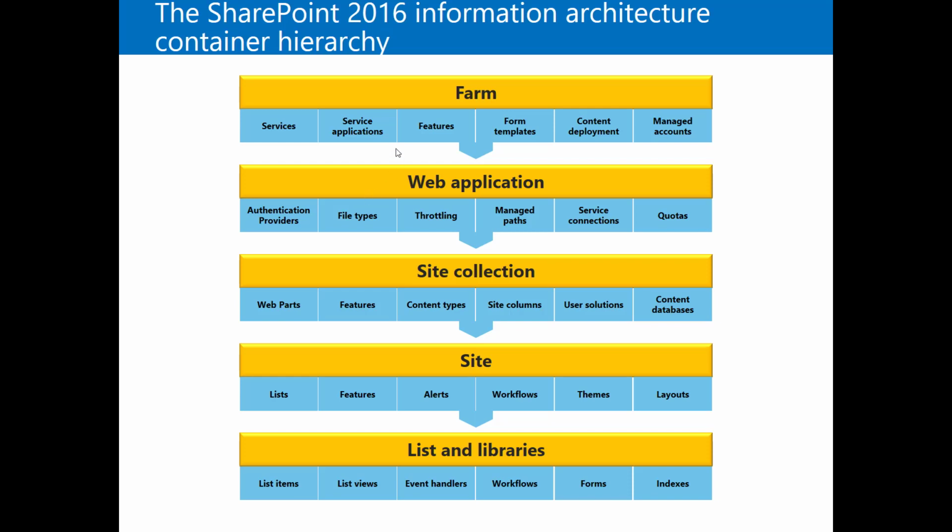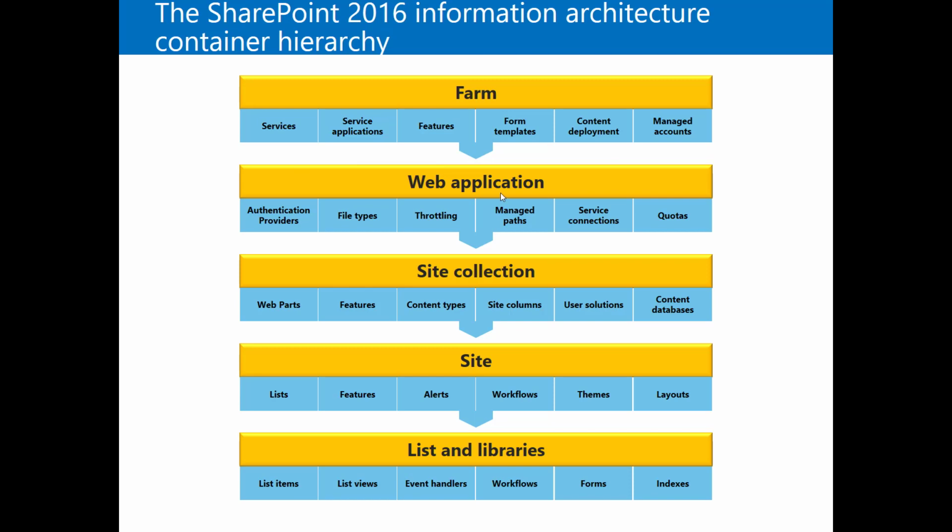The first one is a place, a URL inside IIS, Microsoft Internet Information Services. The second part is a database. Each web application will have a database inside your Microsoft SQL. So you will have two things for your web application.